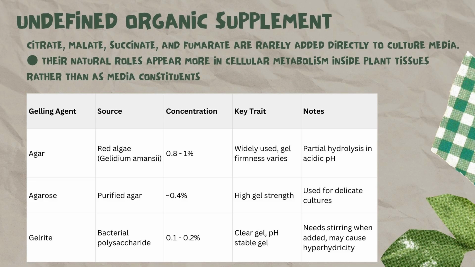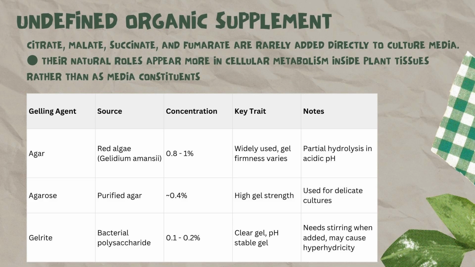Second, agarose. This is a purified form of agar used at about 0.4%. It forms a high strength gel perfect for delicate cultures that need extra support. Next, Gelrite, made from a bacterial polysaccharide, used at much lower concentration, around 0.1 to 0.2%.